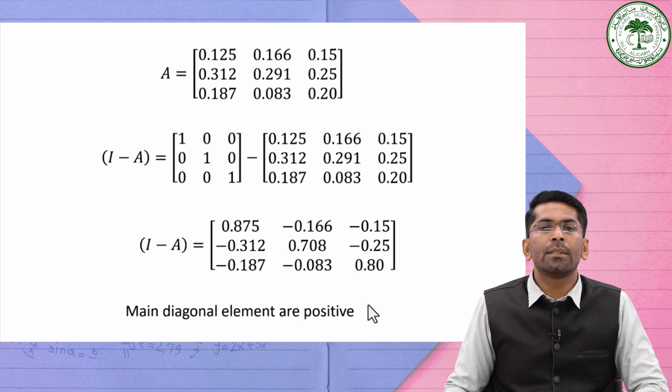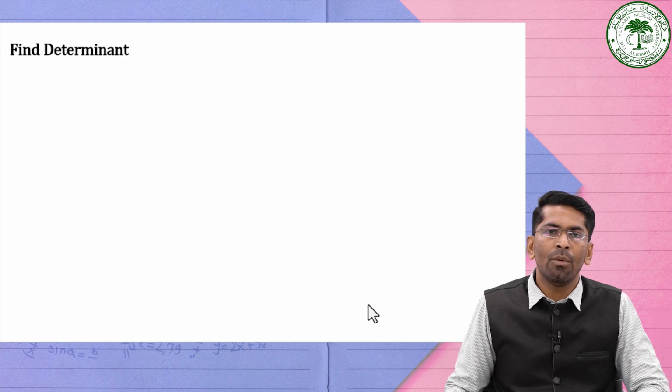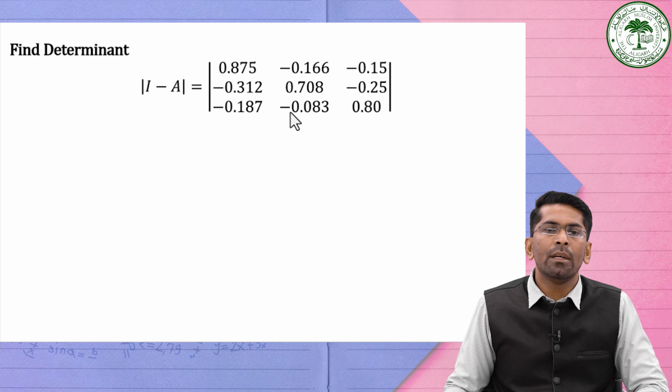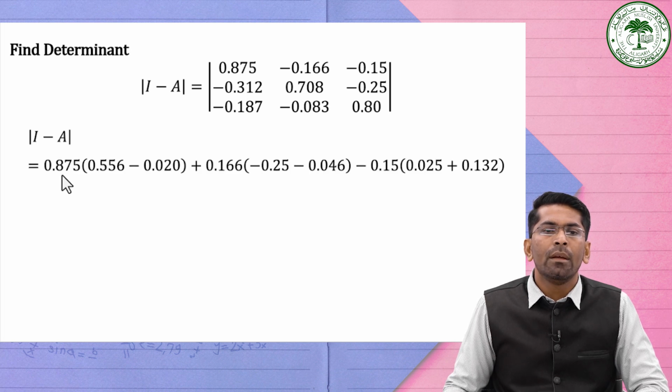After finding the identity matrix minus the coefficient matrix, we are going to find the determinant value of the given matrix. We take the first element 0.875, crossing the first row and the first column. Then we multiply 0.875 into 0.708 into 0.80, which is equal to 0.556, minus 0.125 into minus 0.083, which is equal to minus 0.002. Then the second item: minus, so minus will become plus here.